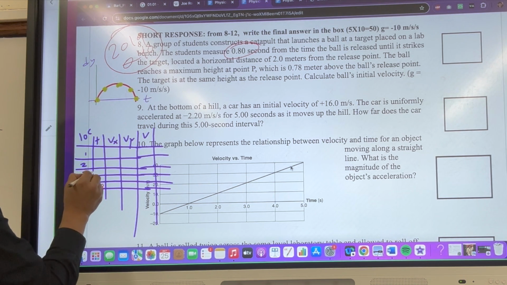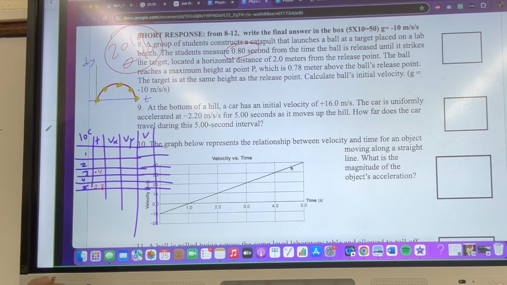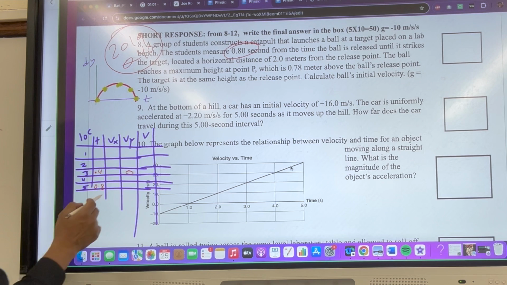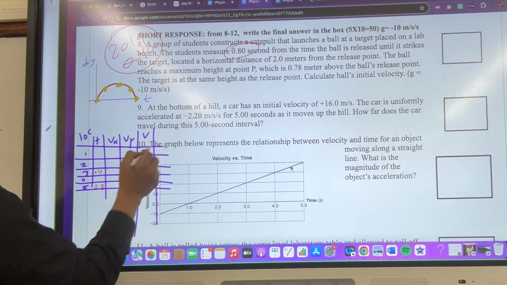That means at location 3 is 0.4 second. Vy at location 3 is 0. At location 5, okay, this is the information we know. We also know the displacement and max height.